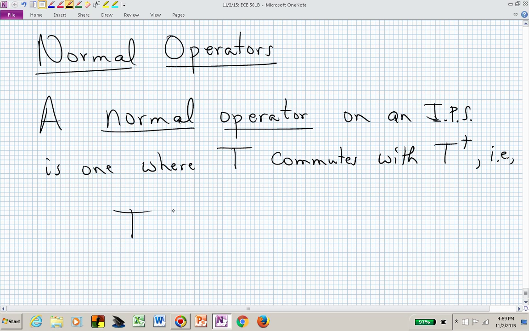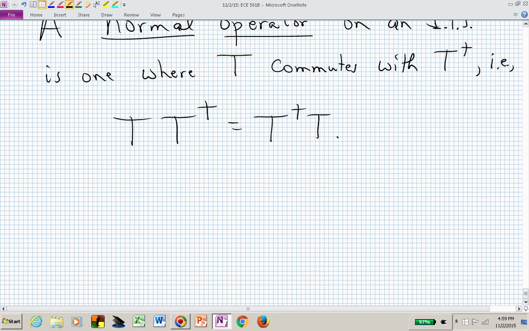That is, T T dagger is equal to T dagger T. If we have a map times its adjoint equaling its adjoint times its map, then that's a normal operator.